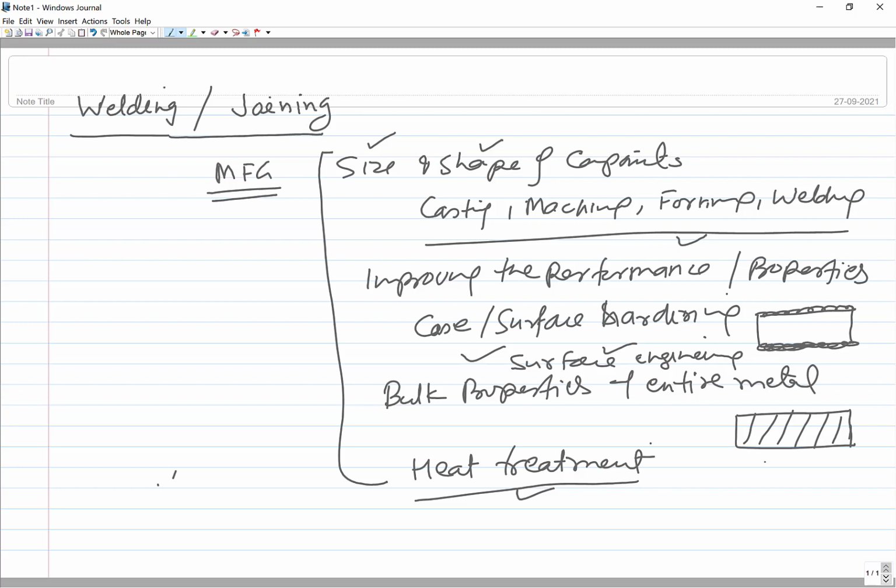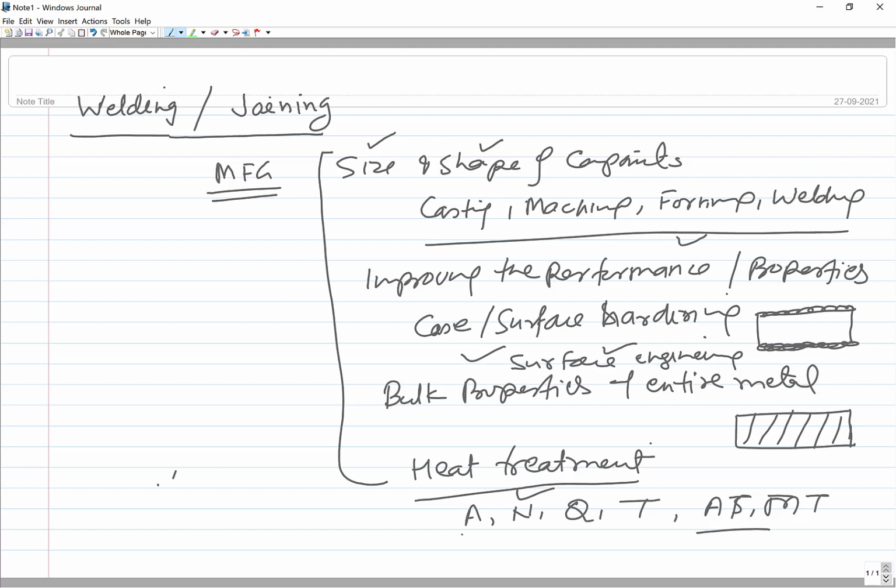In this category we have processes like annealing, normalizing, quenching, tempering, austempering, martempering. There are a number of heat treatment processes used for improving bulk material properties.